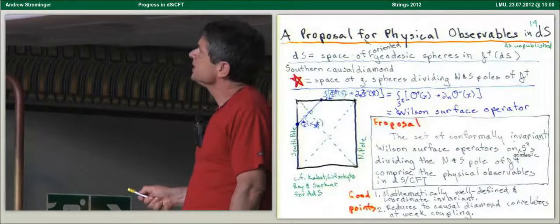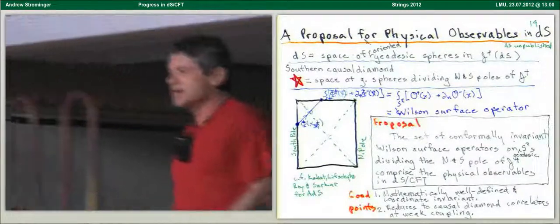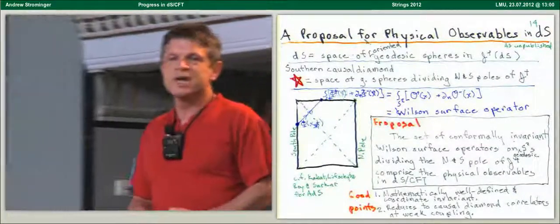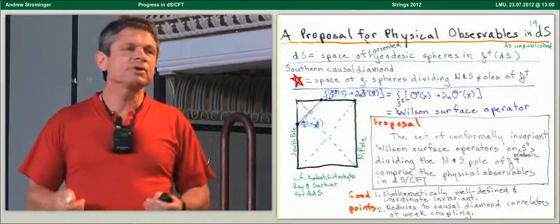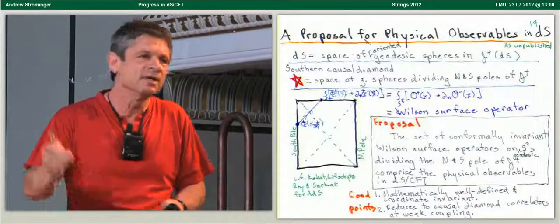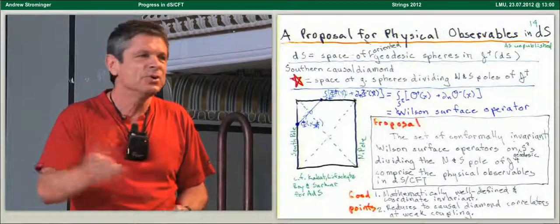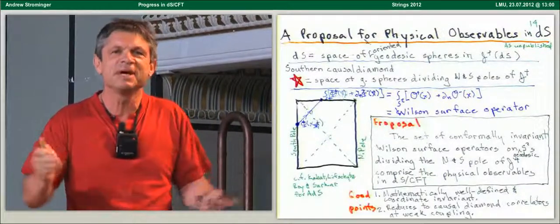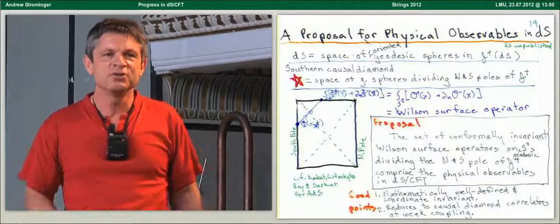Unlike bulk observables, we can't have bulk observables in quantum gravity, because once the metric starts to fluctuate, the points move around and we no longer know what we mean by the correlation function at 2 points.